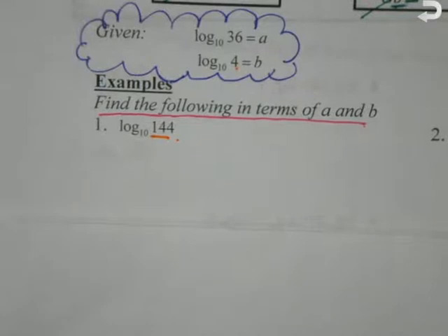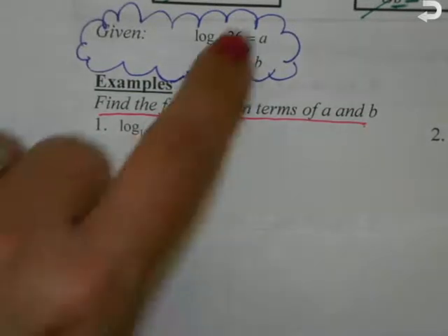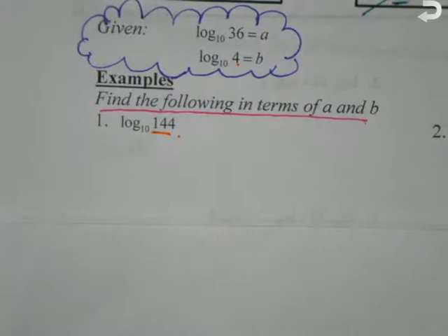Any ideas of what we could do to change 144 to be in terms of 36 and 4? How can we rewrite 144? One idea is that we can rewrite 144 as 12 times 12 or 12 squared, but that's not 36 and 4. So we need to do it only in terms of 36 and 4.